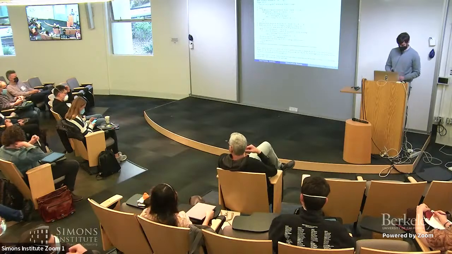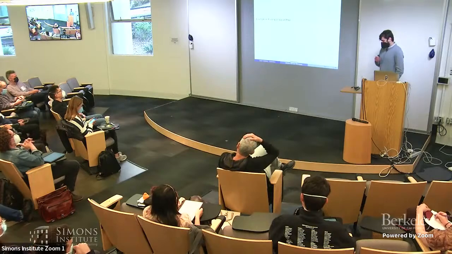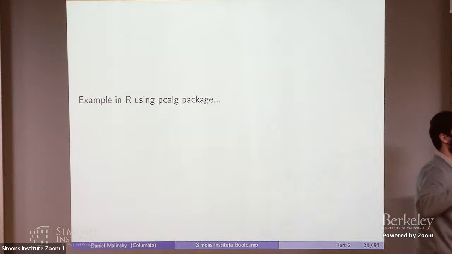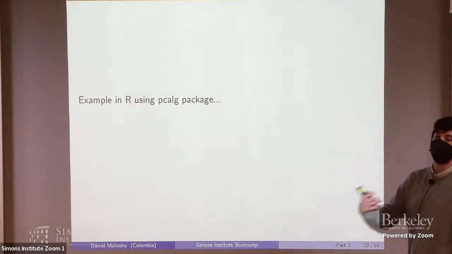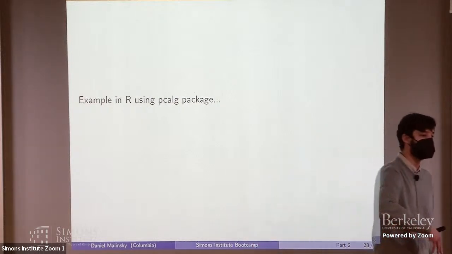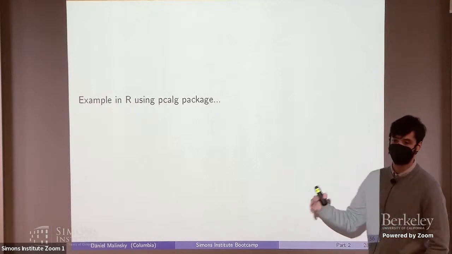As I mentioned earlier, there's all this theoretical machinery for what you can do with an ADMG if you have one in the general class of ADMGs, like the ID algorithm, or identification results for various kinds of causal effects.